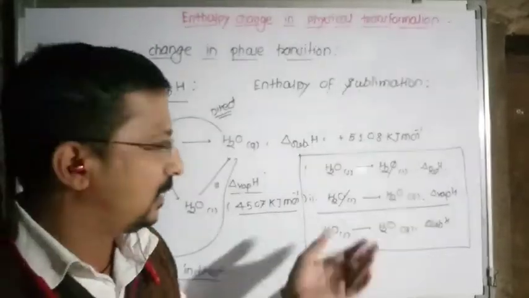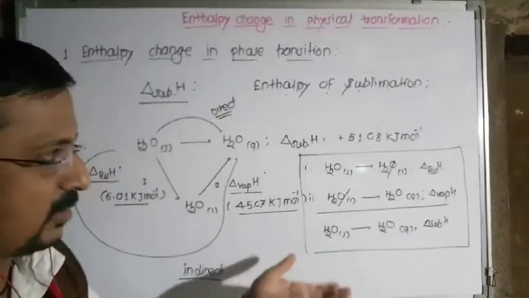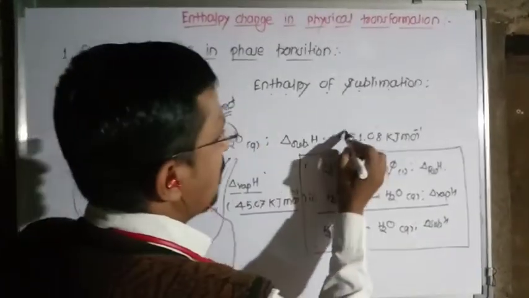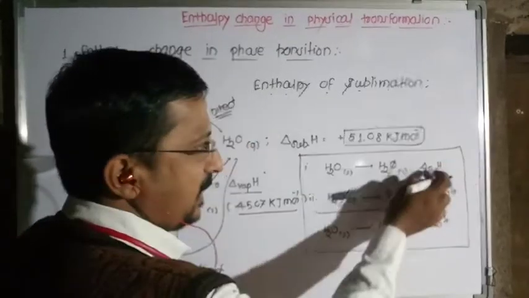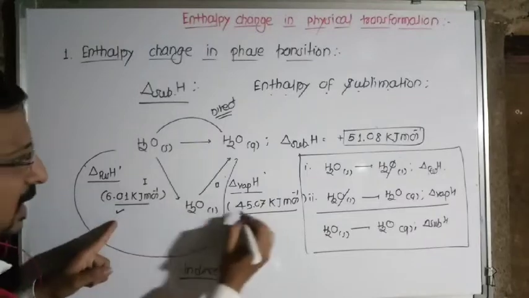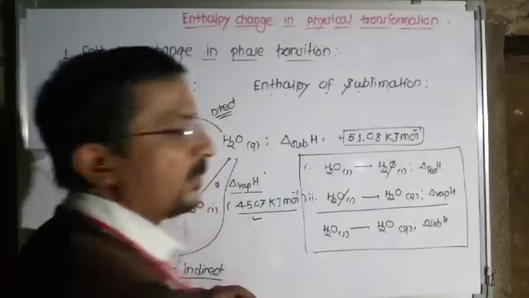The last, but somewhat next part of this topic, is the application of Hess law of constant heat summation. In this case the value is 51.08, and if you add these two values, 6.01 and 45.07, the value becomes again 51.08.